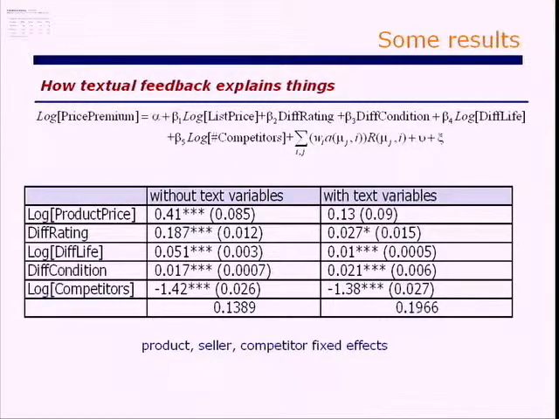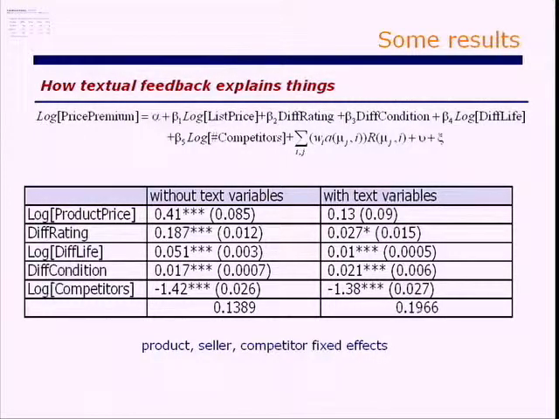Now, I guess there are two things that I want you to take away from these particular coefficients. The signs of these things are as expected. This is a variable that captures the difference between the numerical rating of the seller who successfully transacted and the numerical rating of their competitor.